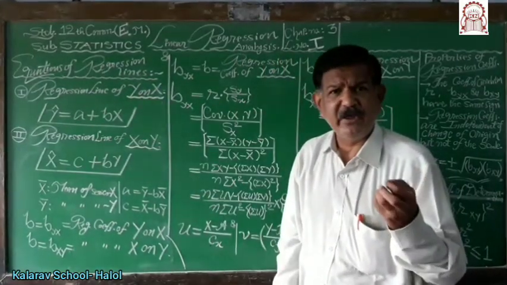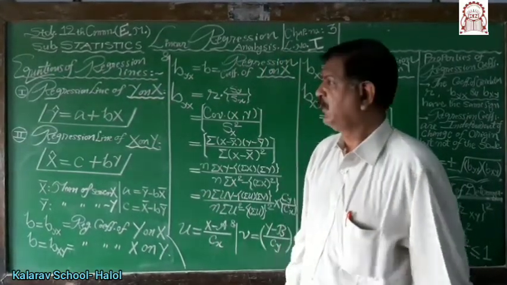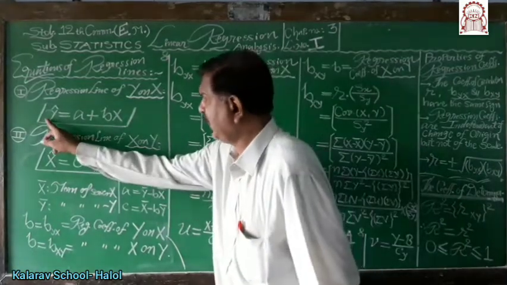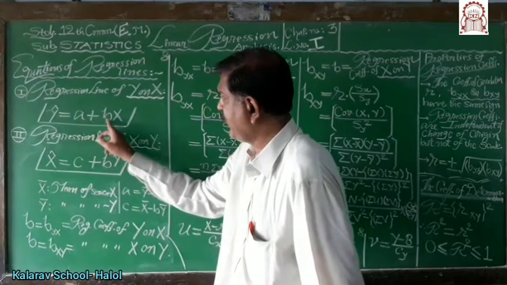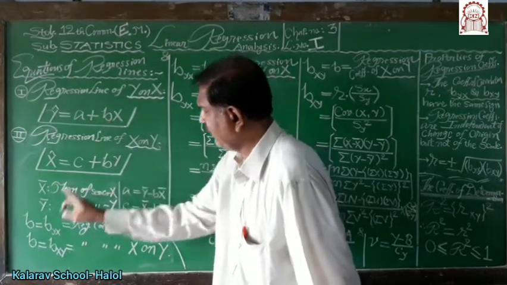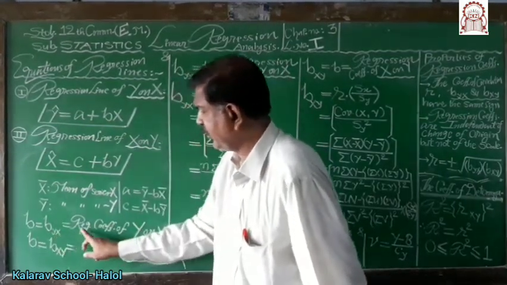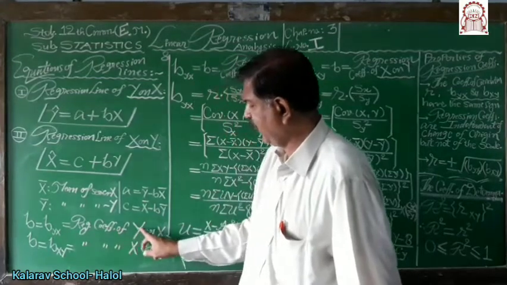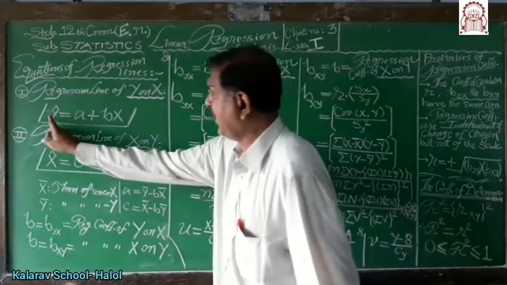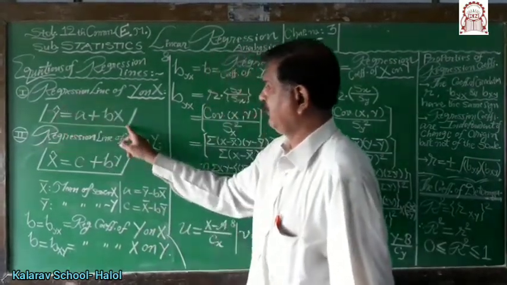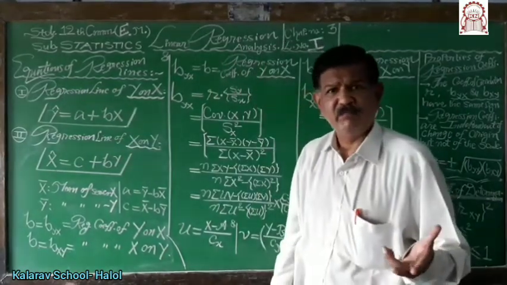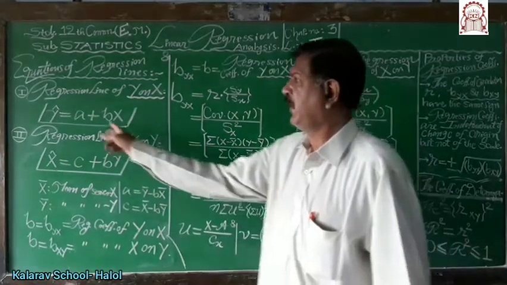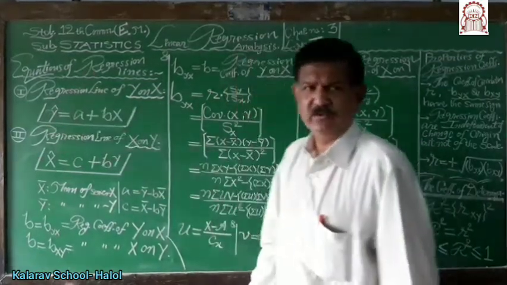These are simple linear equations. To estimate y, it is given by y cap equal to a plus bx. This b is nothing but byx, the regression coefficient of y on x. Here y depends on x. As the value of x changes, y also changes.